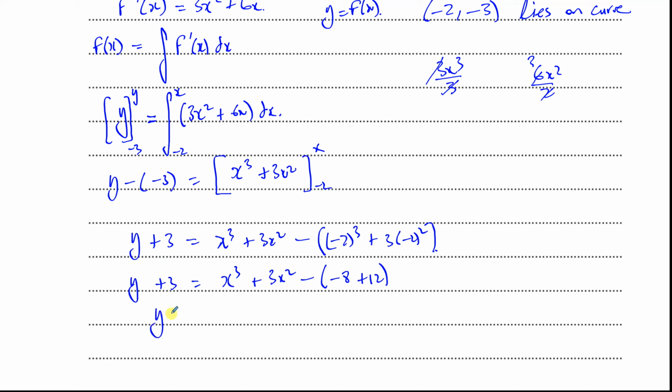So you're left with y plus 3 equals x cubed plus 3x squared, and that's going to be minus 4. 12 minus 8 is 4. So y is going to be x cubed plus 3x squared minus 7.